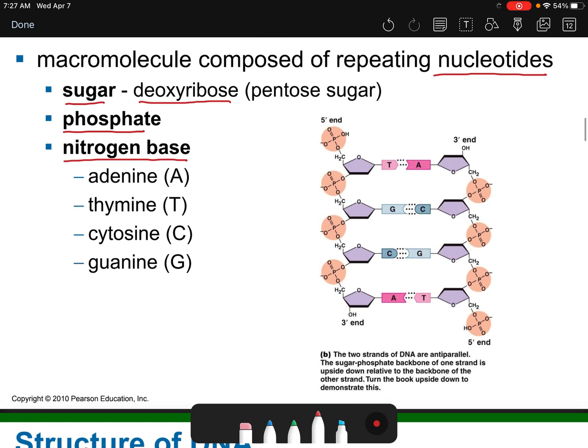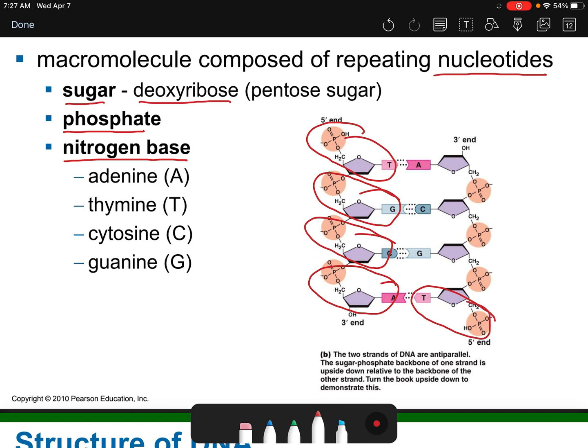And so you'll see these repeating structures, like here's a nucleotide, here's a nucleotide, here's one, and here's another one. And on the opposite side, here's one, here's one, here's one, and here's another one. So that's what DNA is, these repeating nucleotides that are joined together.